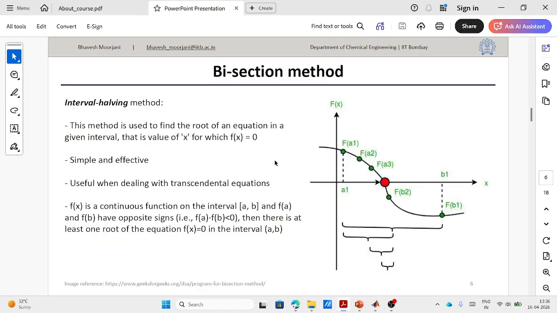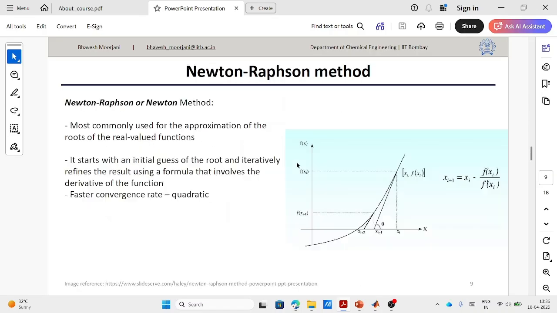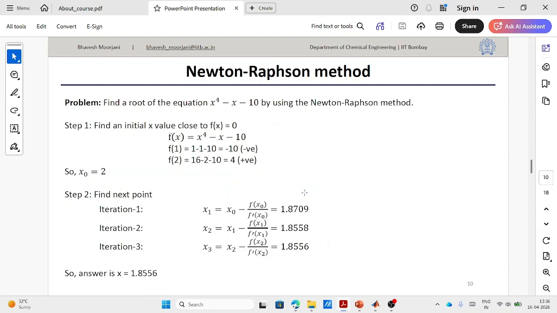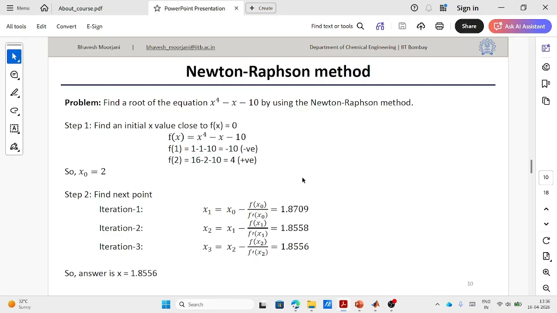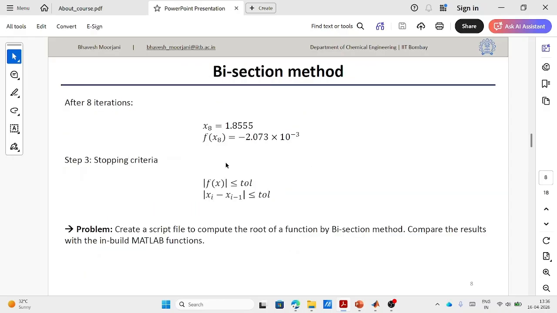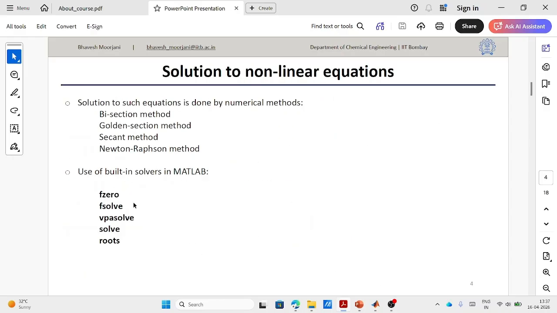And then we also looked at the bisection method and the Newton-Raphson method, and how the algorithm of these two methods is implemented. So in the last class we coded these methods through our own code, found the result of these nonlinear equations and compared it with the solution available from the inbuilt MATLAB solvers, right?